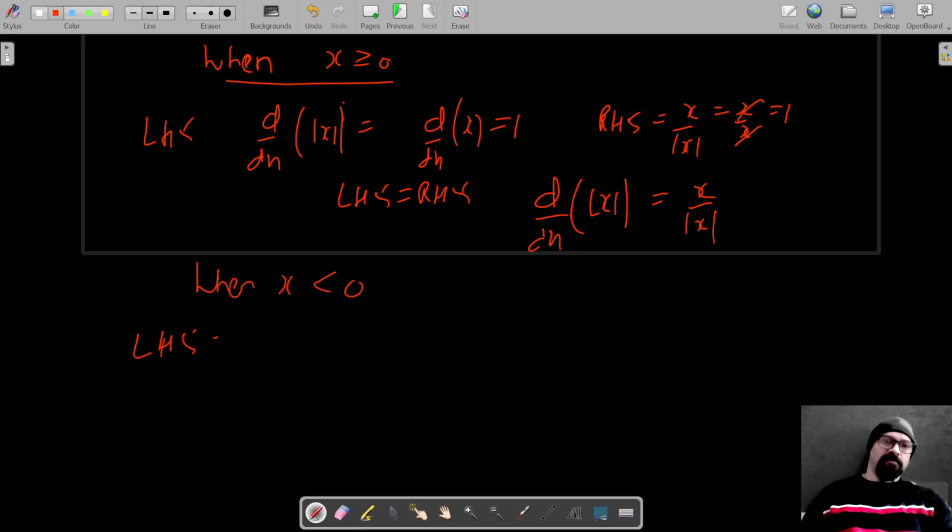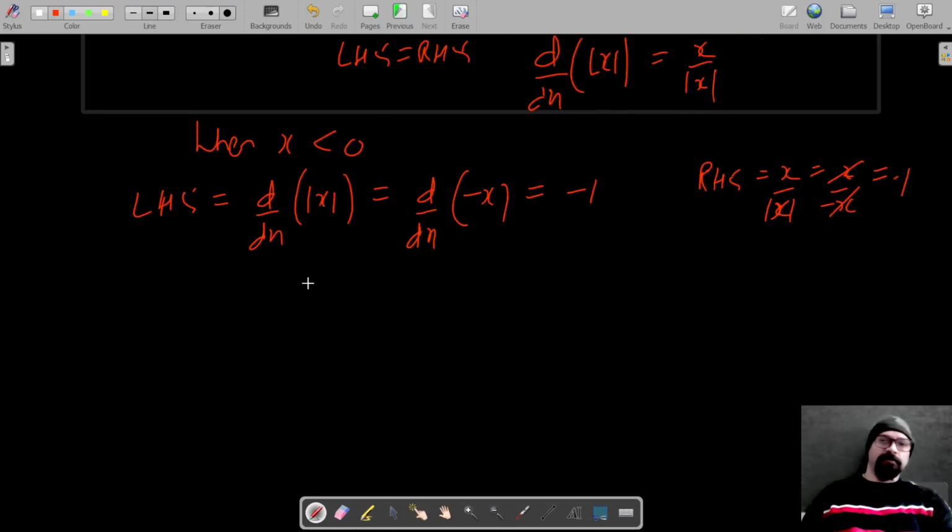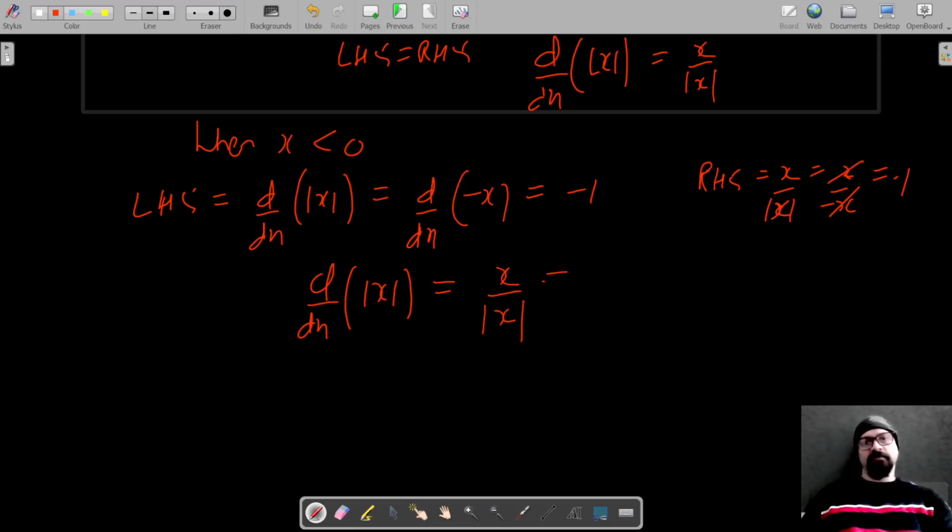So our LHS is differentiation of modulus of x. Now modulus x is negative x, which gives me negative 1, and RHS is x upon negative x, which is equal to negative 1. So that means differentiation of modulus of x is equal to x upon modulus of x when x is less than 0, equal to negative 1.